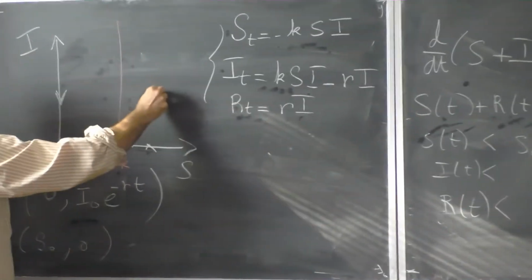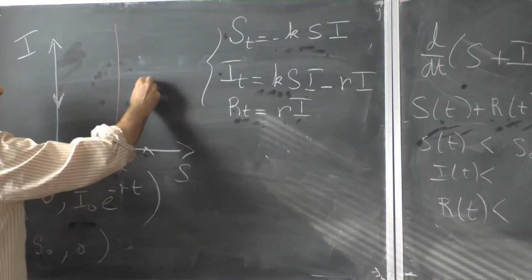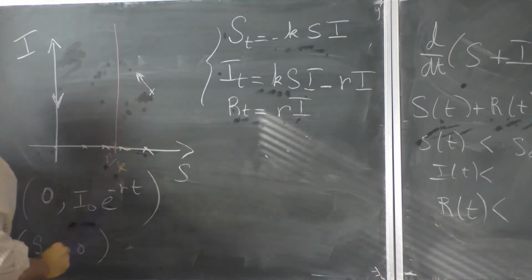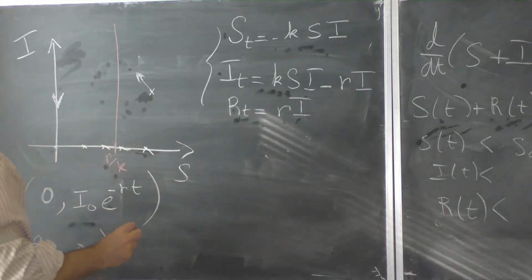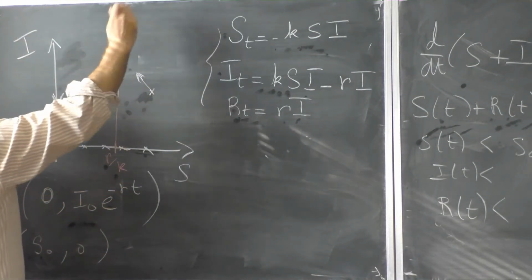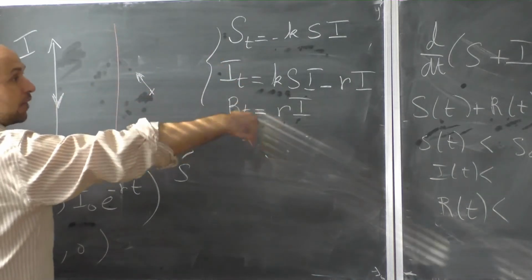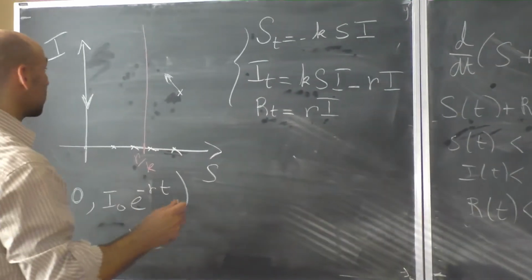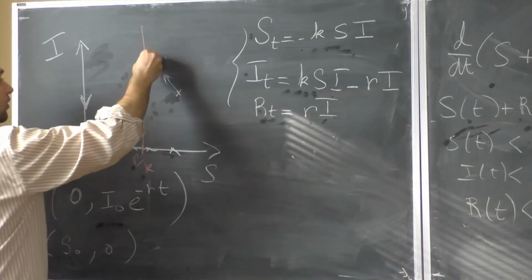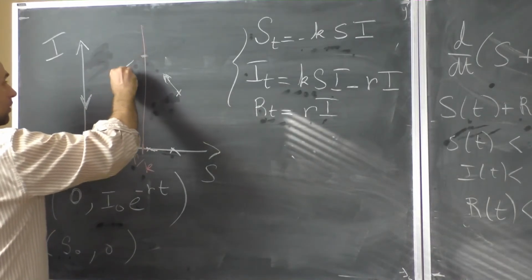So if I start with a trajectory here, it goes like this, right? And so it is bounded by S0 plus I0 plus R0, so it has to cross this thing, and then it gets here, right?